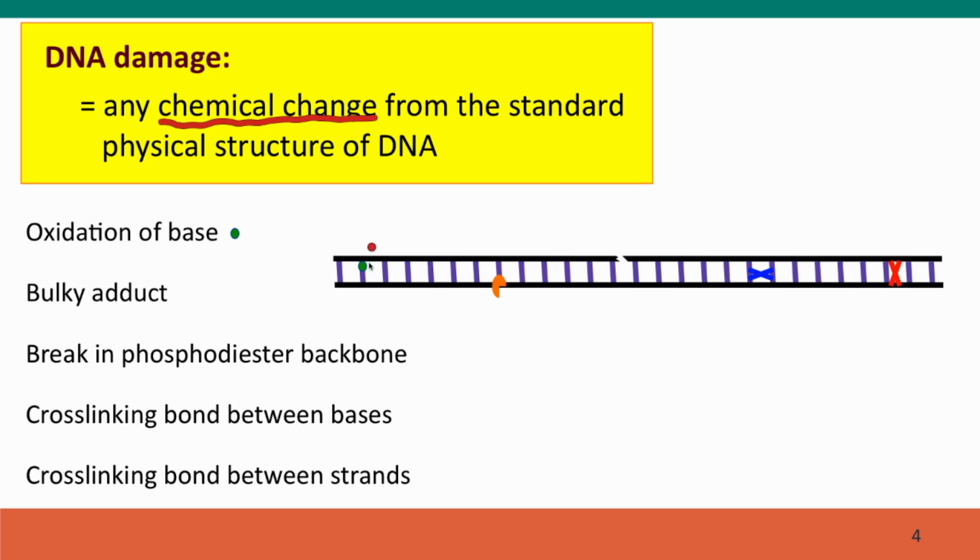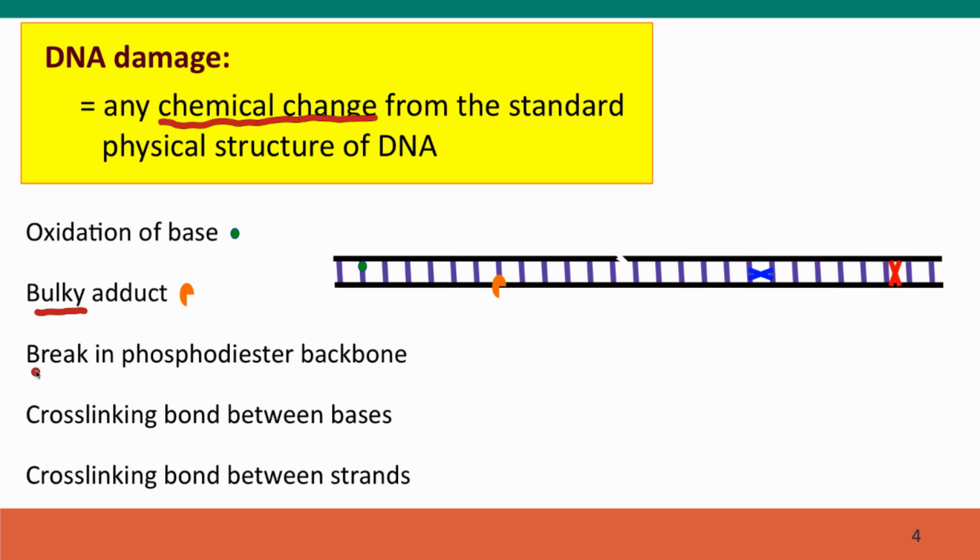The base has changed its chemical structure slightly because one of its bonds has become oxidized, and this can affect its ability, for instance, to form base pairs. Another category is what are called bulky adducts. These are larger chemical changes where a group such as an ethyl group or a methyl group becomes bound to the base.